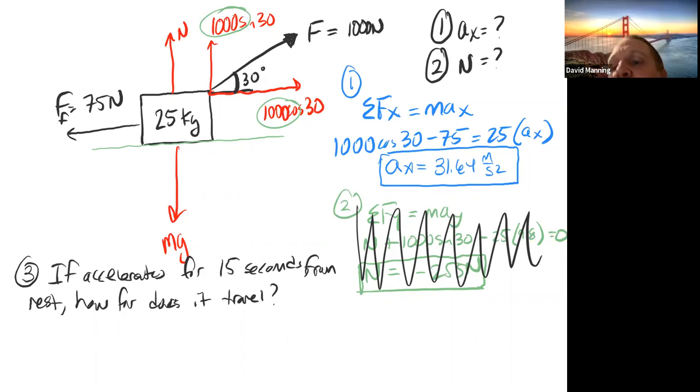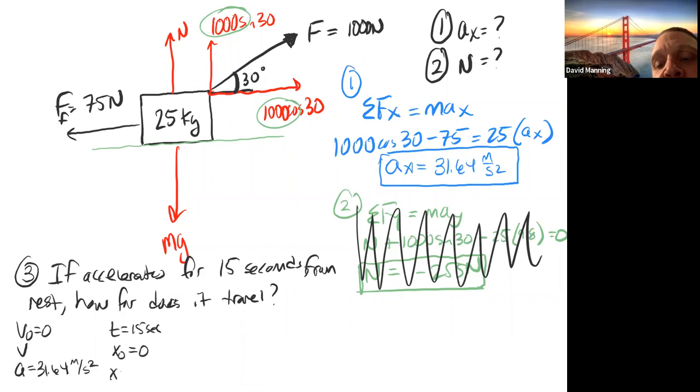Remember how to do this? V naught equals 0. V we don't know. A is 31.64. T is 15 seconds. X naught is 0. X is what we're solving for. X minus X naught equals V naught T plus 1/2 AT squared. This is 0. This is 0.